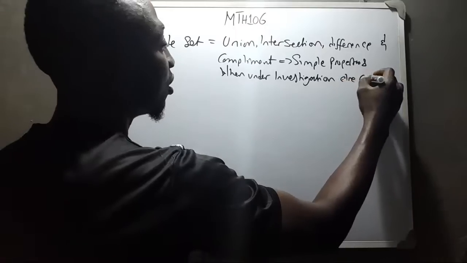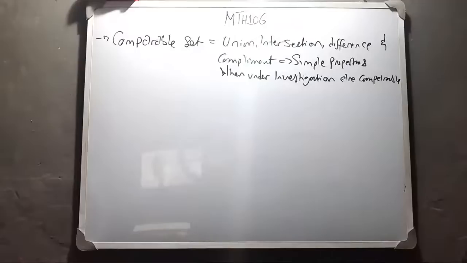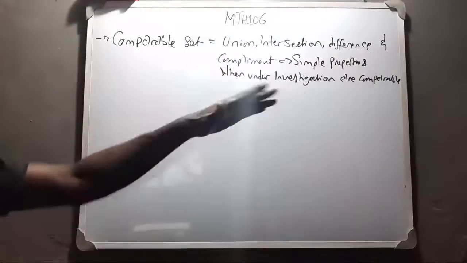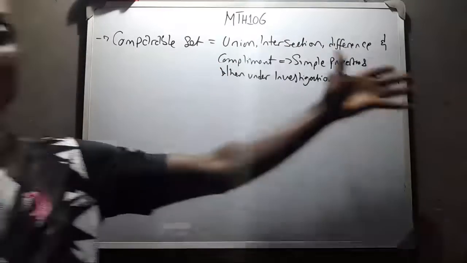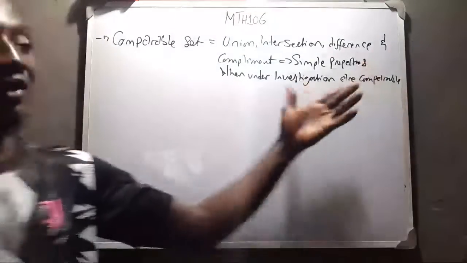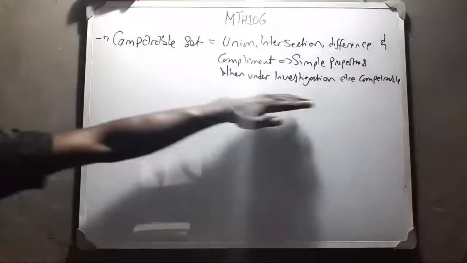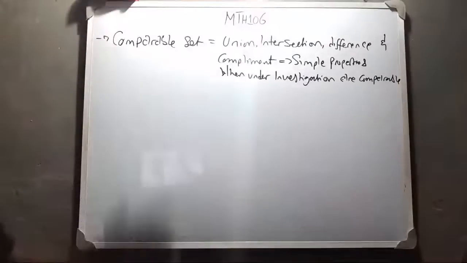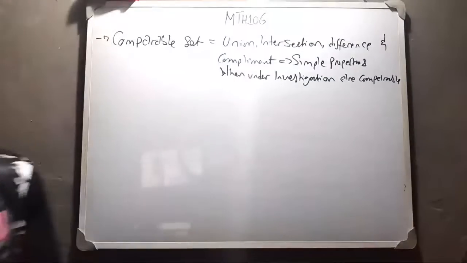Comparable in the sense that in the union you can get your intersection, your subsets, even your difference and complement. Such sets are said to be of simple properties when they are comparable. Now let's take a look at some theorems.